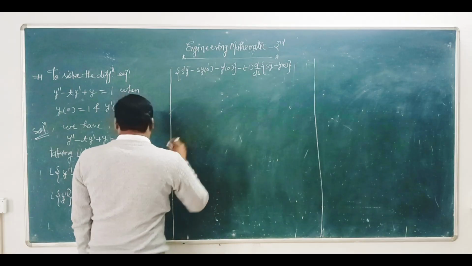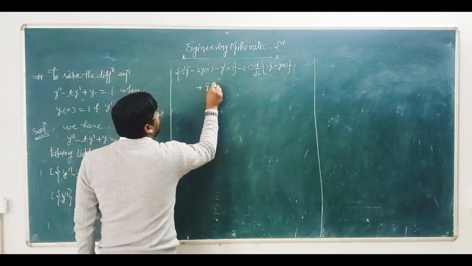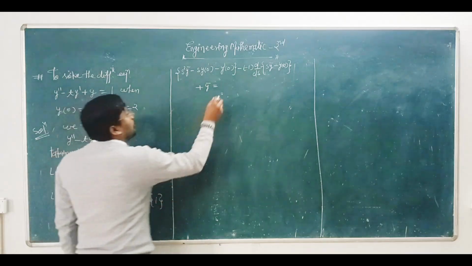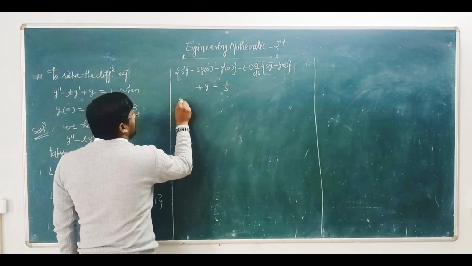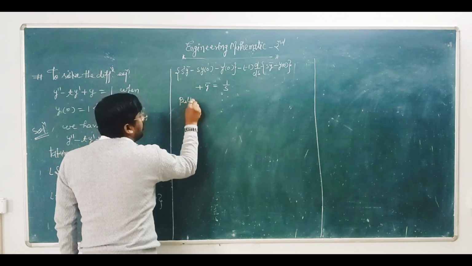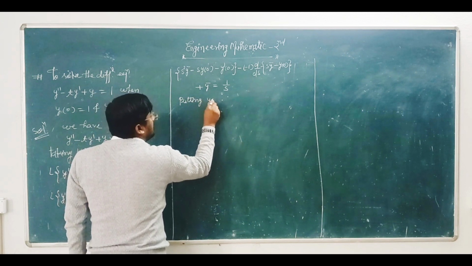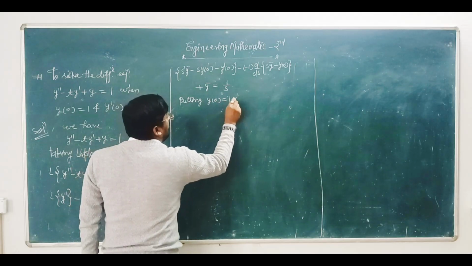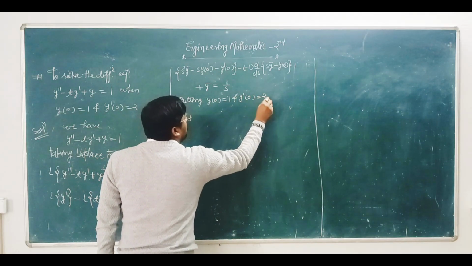Now again plus Laplace of y means y bar, and Laplace of 1 is equal to 1 by s. Now putting y(0) is equal to 1 and y dash 0 is equal to 2.